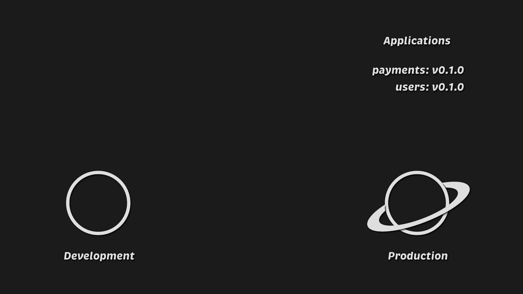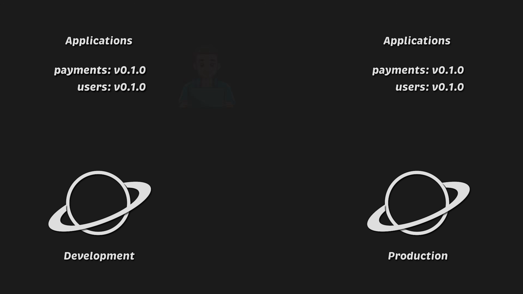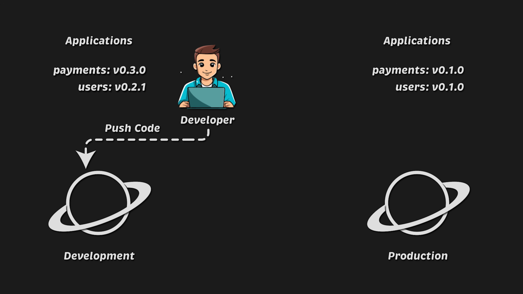So let's say you deploy to production every week on Wednesday. What you can do is allow all your developers to continuously deploy their applications to the development environment until Tuesday. Then on Tuesday, you would freeze your development environment, turning it into a staging environment. By freezing, I mean pausing all new version deployments in that environment.